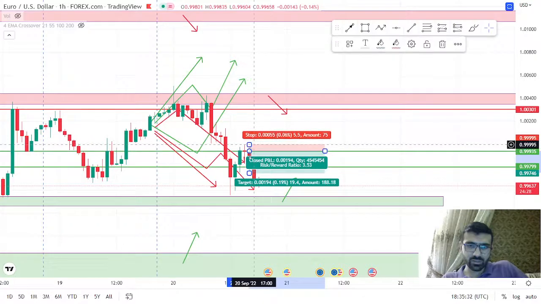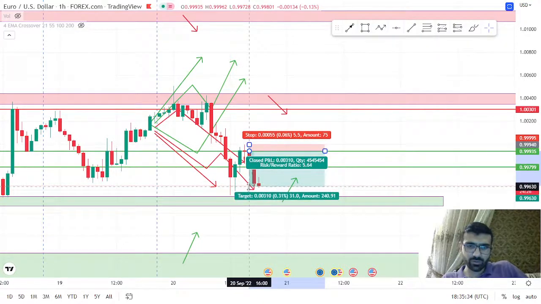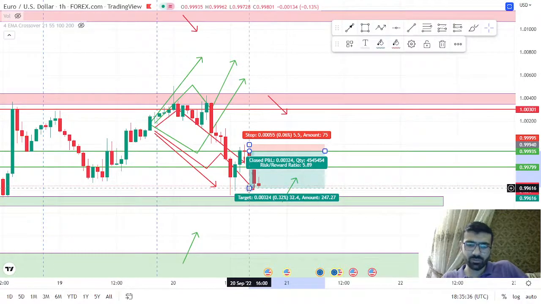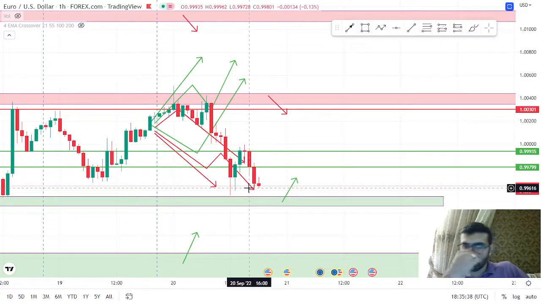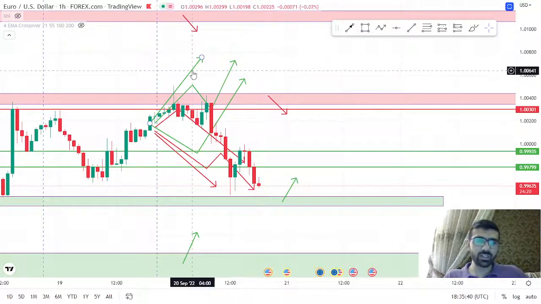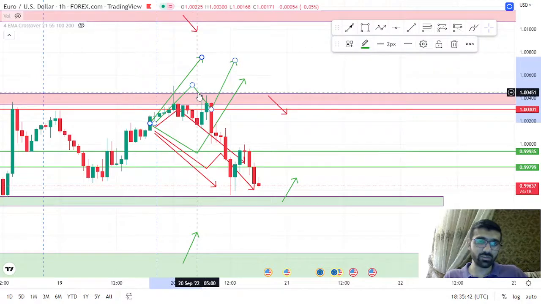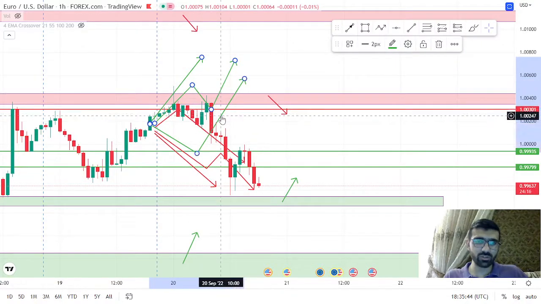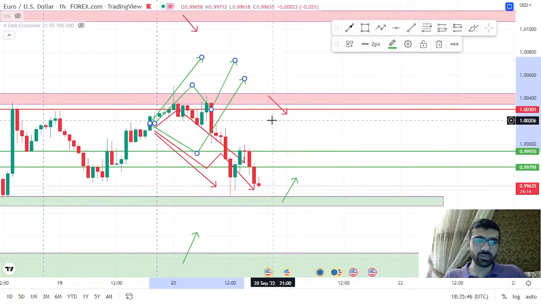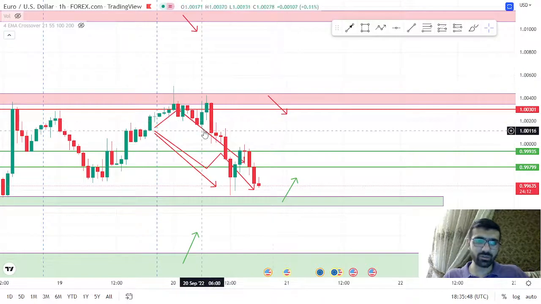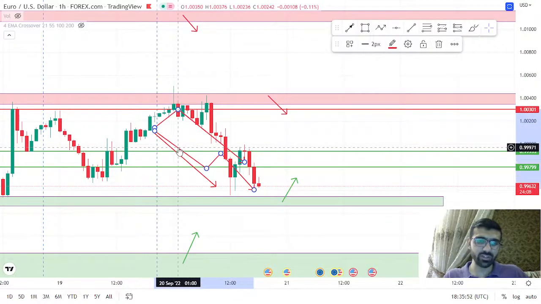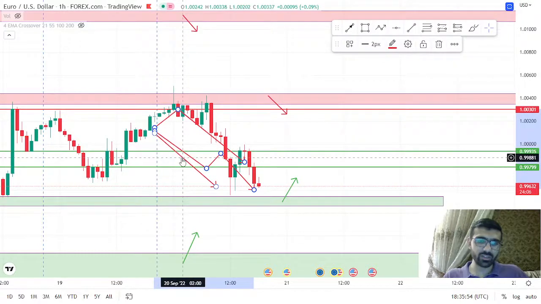Okay, and your take profit would be approximately 5.8%. Okay, so overall, the market has followed our given scenarios, and even though one of our stop losses has also been hit, still we would be in good profit considering all the trades that we were given previously.